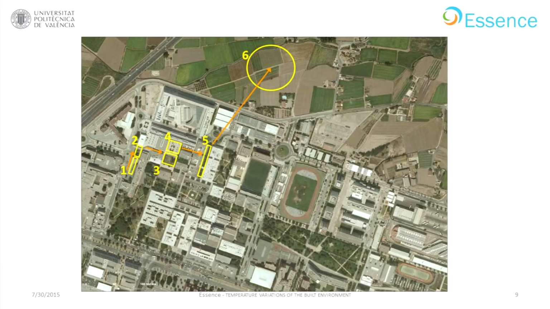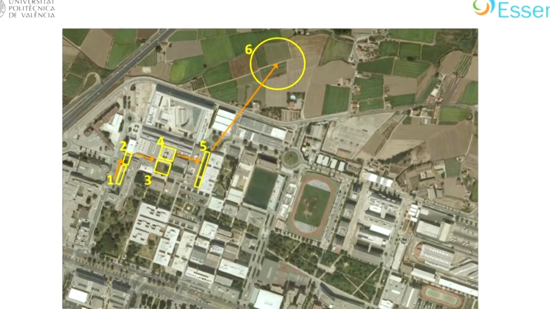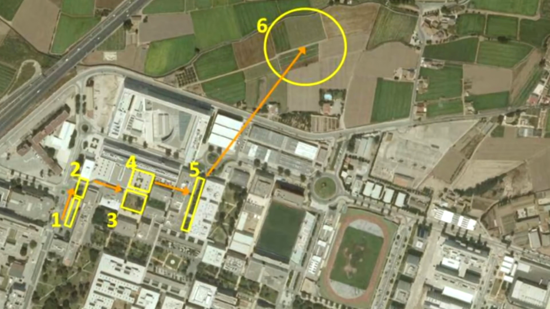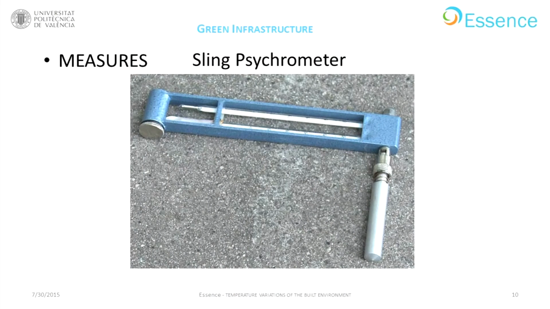6 different sample points were selected from the central axis of the university to the outside part in Valencia orchards. To measure temperature and relative humidity, we use a sling psychrometer which contains 2 thermometers.